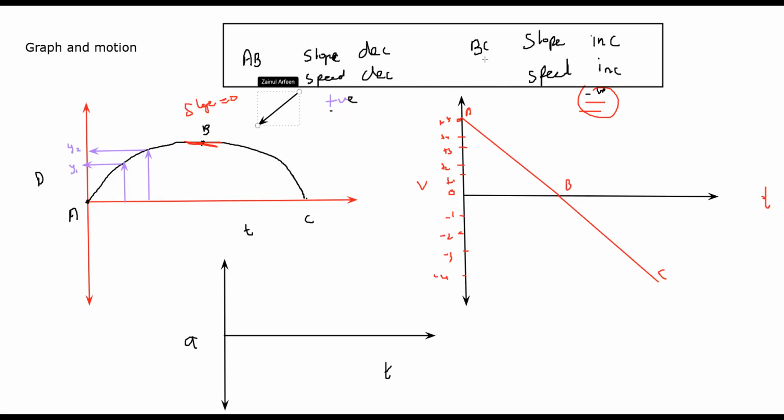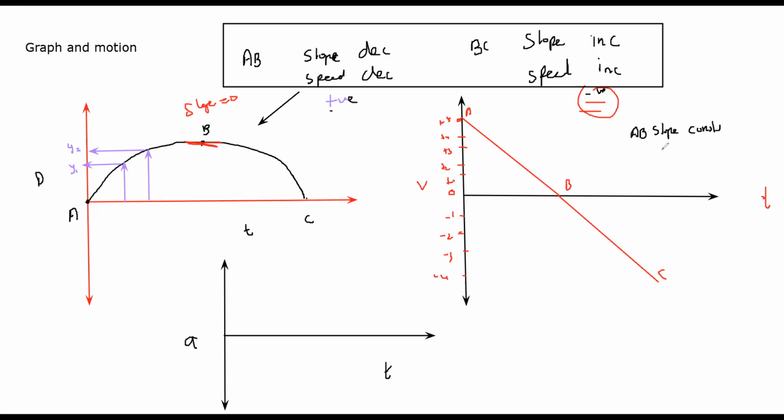Now from A to B, for the velocity time graph, what happened to the slope? Increasing, decreasing, constant, or 0? It's a straight line, so it is constant.